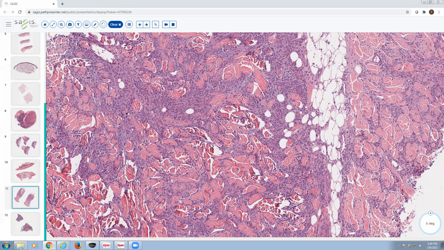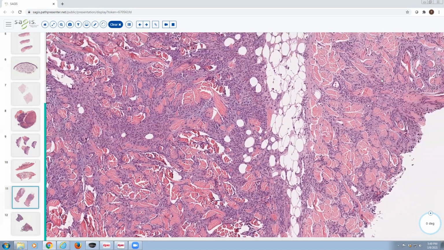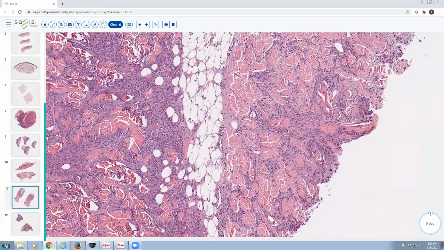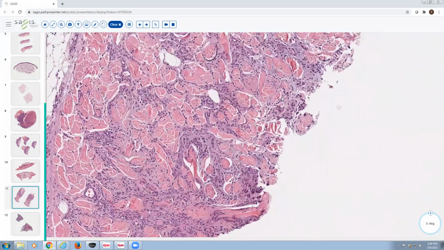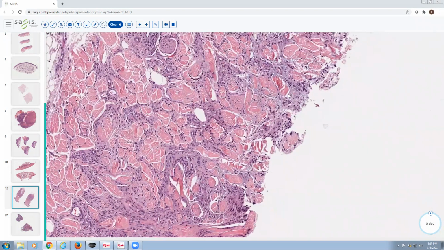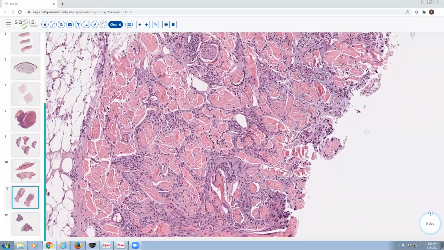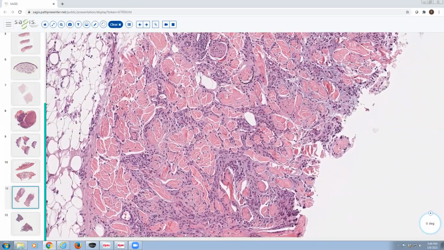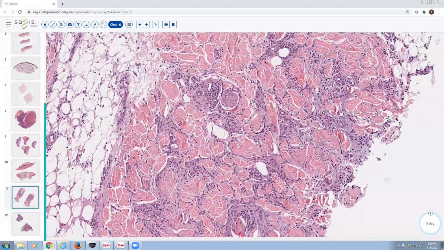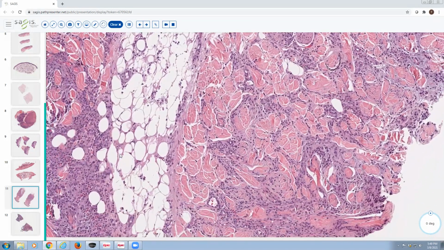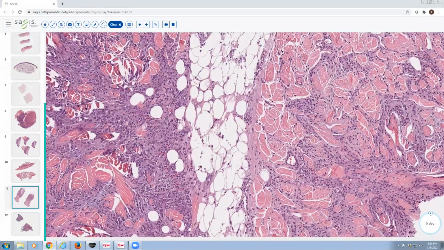One of them being the mucin is a little bit less prominent in the IGD, or interstitial granulomatous dermatitis, and more prominent in GA. The other feature that's described as being more specific for IGD is this rosette formation, where the collagen bundles are tightly surrounded by histiocytes. So those are two features that you can look for to help you distinguish.